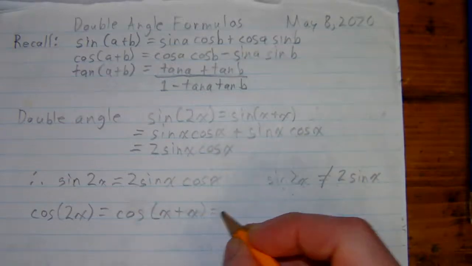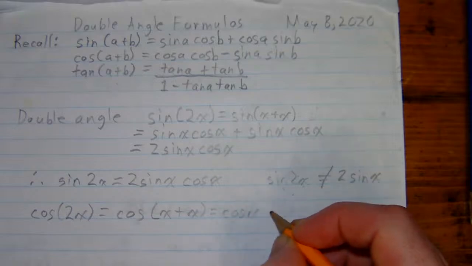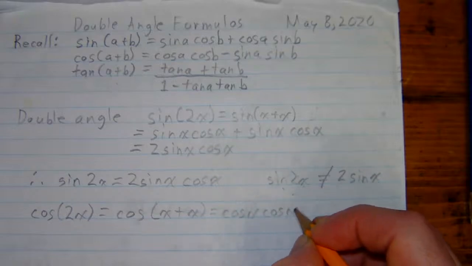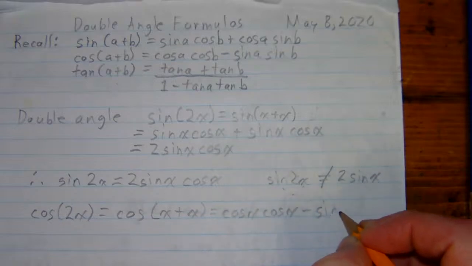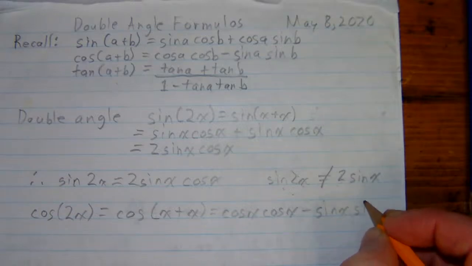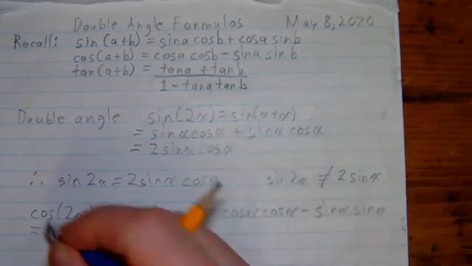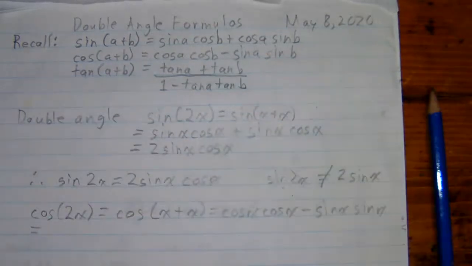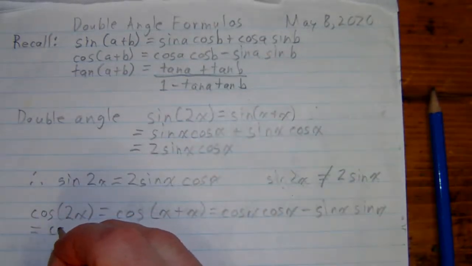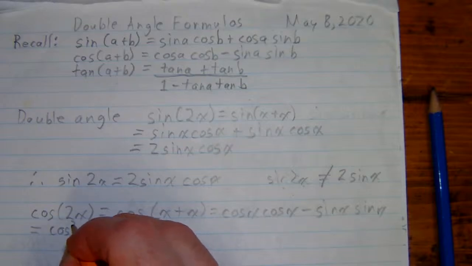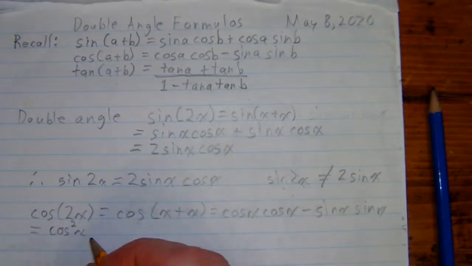And that is cos x times cos x minus sin x times sin x. The tradition is that we write that as cos squared x minus sin squared x.